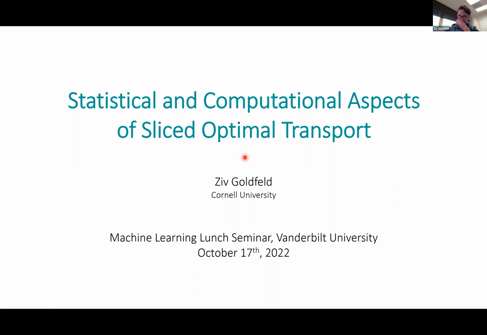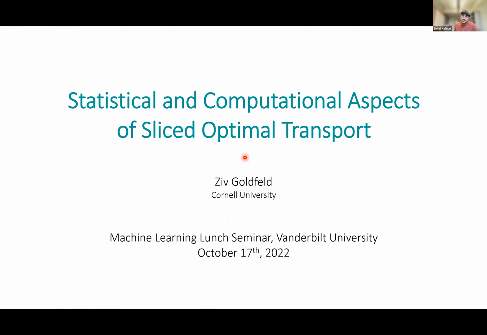Today, we are excited to host Professor Ziv Goldfeld. Ziv is an assistant professor in the School of Electrical and Computer Engineering and a graduate field member in computer science, statistics, data science, and the Center of Applied Mathematics at Cornell University. Before joining Cornell, Ziv was a postdoctoral research fellow at MIT.